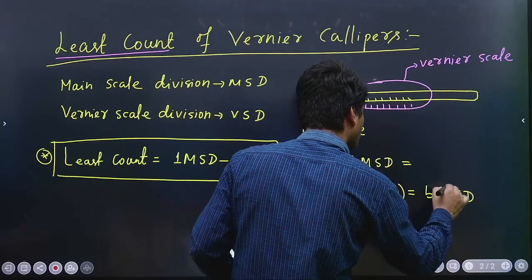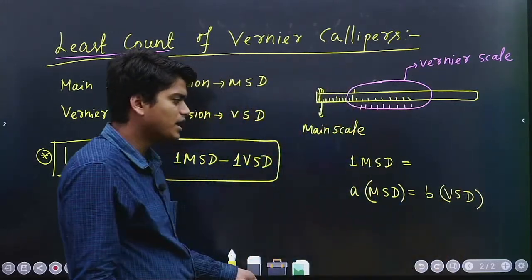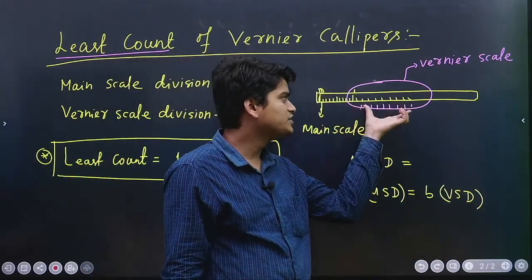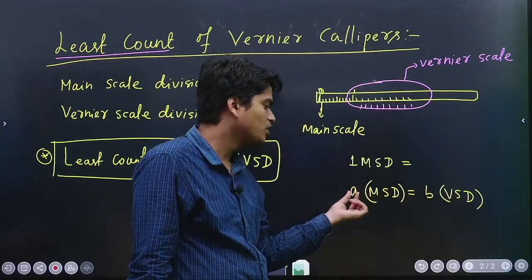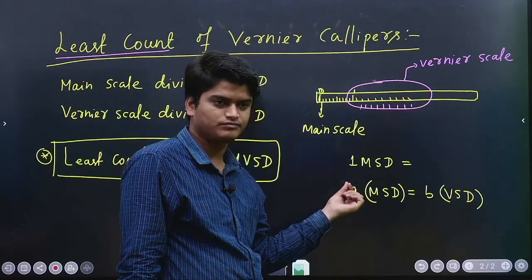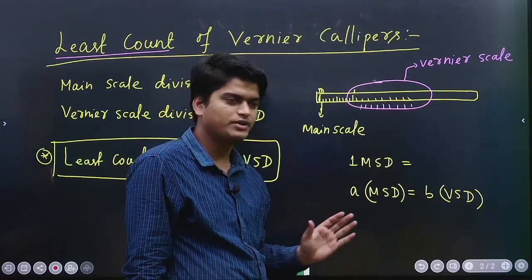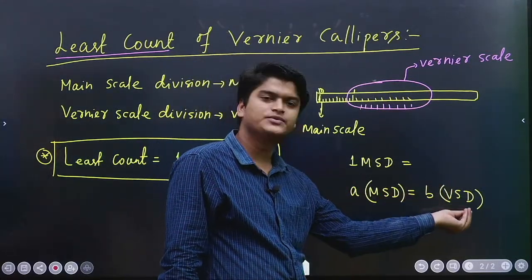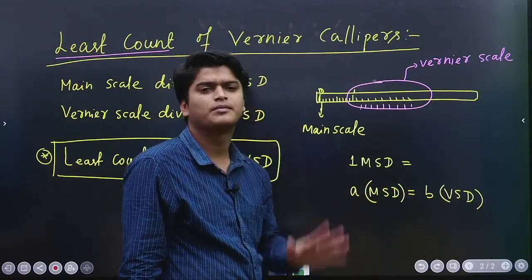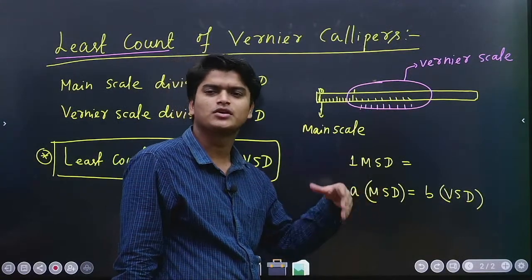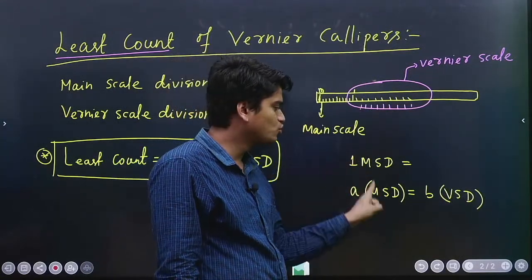Some other thing they will also mention: the total divisions of the vernier scale are coinciding with some divisions of the main scale. For example, 20 divisions of the vernier scale are equal to 9 divisions of the main scale. Like this type of wording will be given. So these two things will be given.